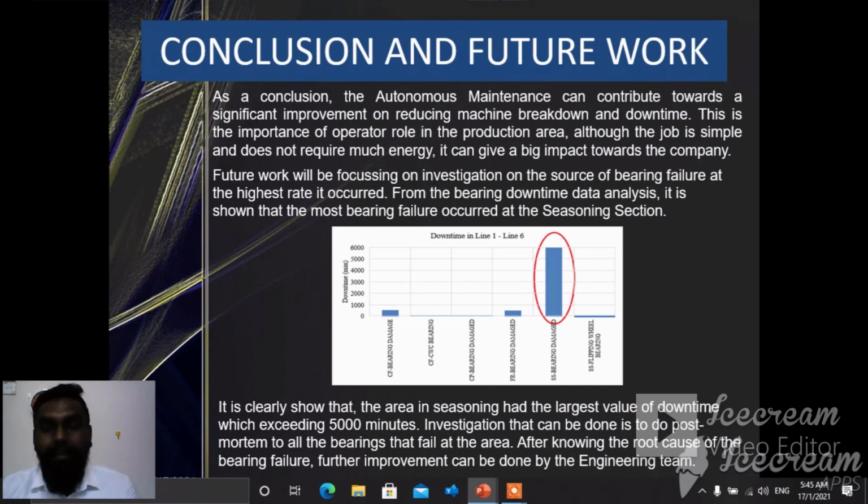The investigation that can be done is a post-mortem on all the bearings that fail in the area. After knowing the root cause of the bearing failure, further improvement can be done by the engineering team.